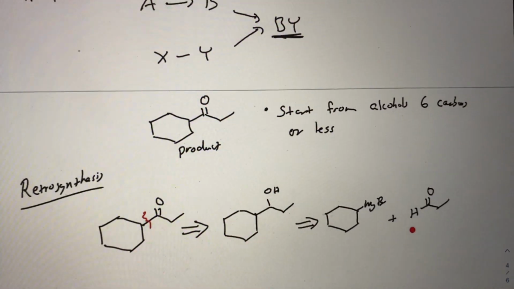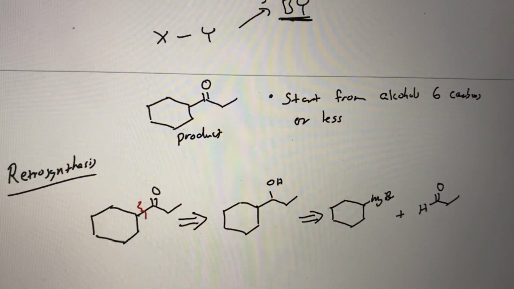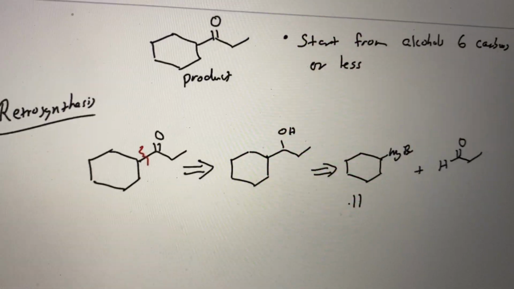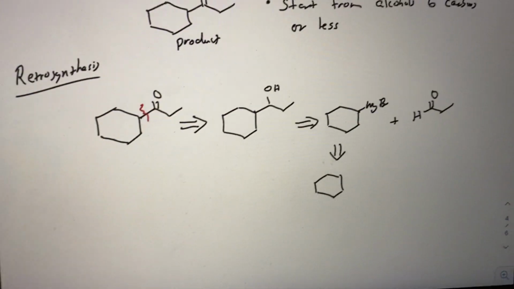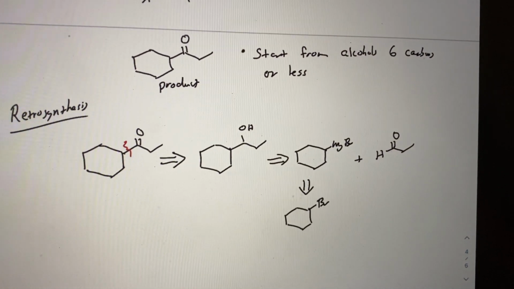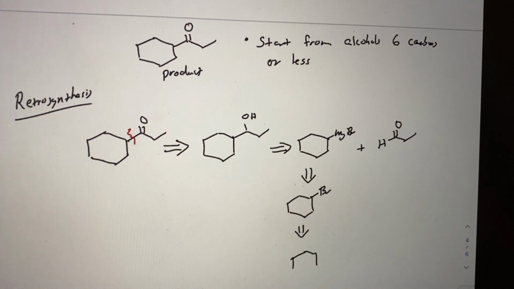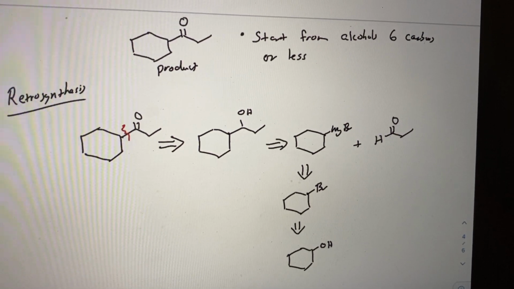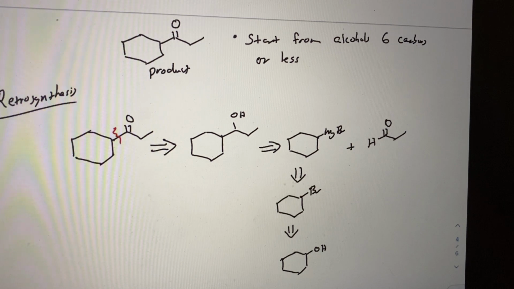But then the problem is that these two species are not alcohols, 6 carbons or less. So then what we would do is, I'll just try to kind of keep them apart here. We could make this Grignard reagent from this alkyl bromide. We know ways of replacing or introducing a bromide from an alcohol. So we could do that. And so that's all good. Now we have our alcohol 6 carbons or less.